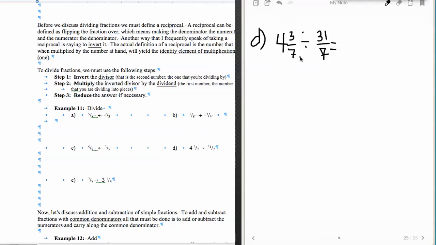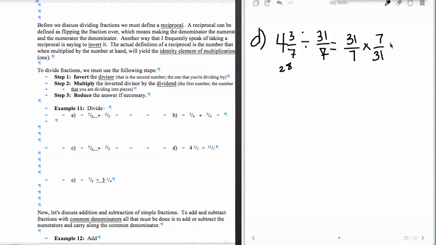We cannot multiply or divide with mixed numbers. They have to be impropers. So 4 times 7 is 28, and then we have 28 plus 3, which is 31. And 31 goes over 7, and now we're going to multiply by the reciprocal of 31/7. So multiply by 7 over 31.